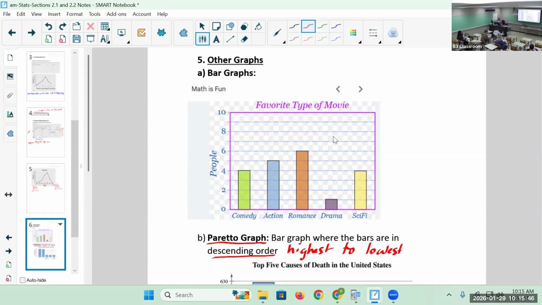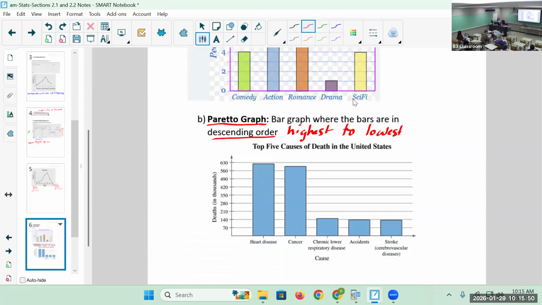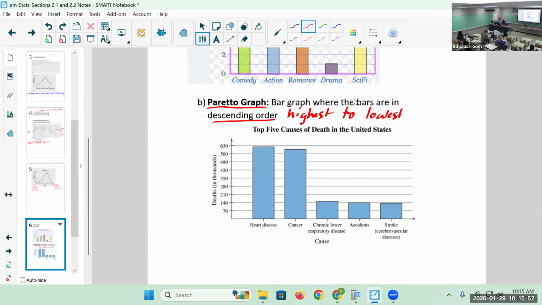That's what differentiates a regular bar graph from a Pareto graph. And it makes sense why they would want to use the Pareto, because I can tell right there, I can ask you, what are the 2 top leading causes of death in the United States?